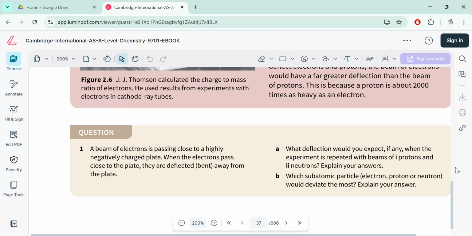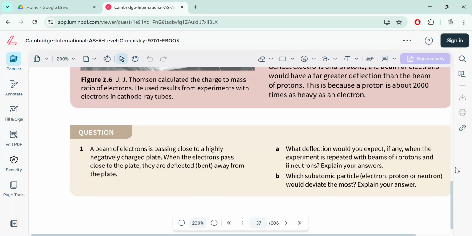First of all, we have the first question: what deflection would you expect when the experiment is repeated? The first is with beams of protons, and the second is beams of neutrons. We know that protons have a positive charge, so I assume they would be attracted to the negatively charged plate.